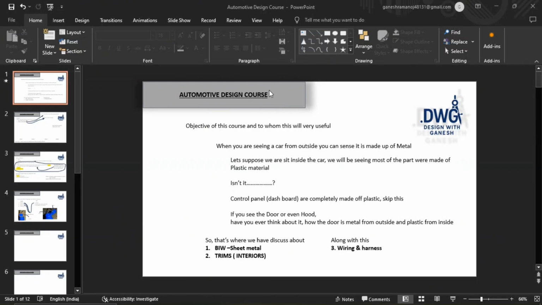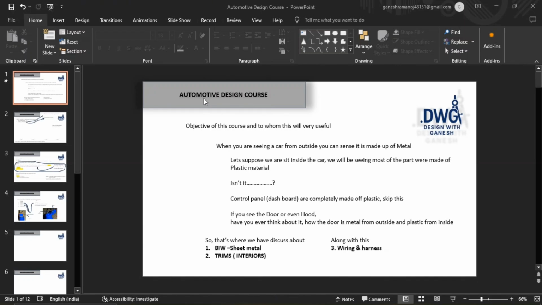So, we are launching one course, which is an automotive design course. In this course, before we begin, let's understand what automotive design is. What does automotive mean? The vehicle that you see on the road falls under the automotive industry, right?